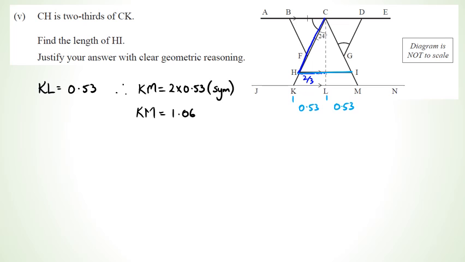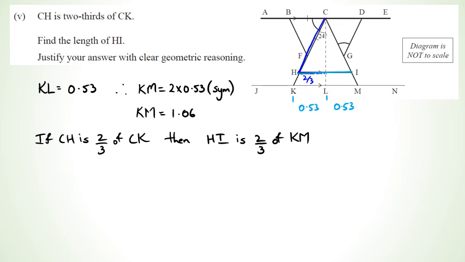Now, using similar triangles, I could say that if CH is 2/3 of CK, then HI is 2/3 of KM because they're similar triangles. So 2/3 of KM can be written as 2/3 multiplied by 1.06, and this would give me 0.707 meters.